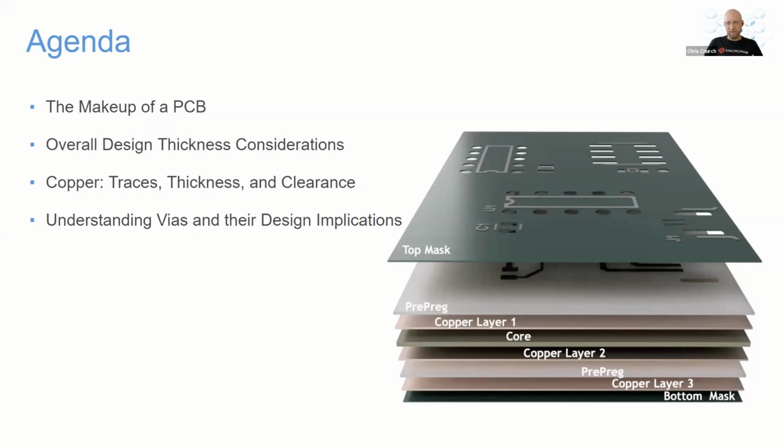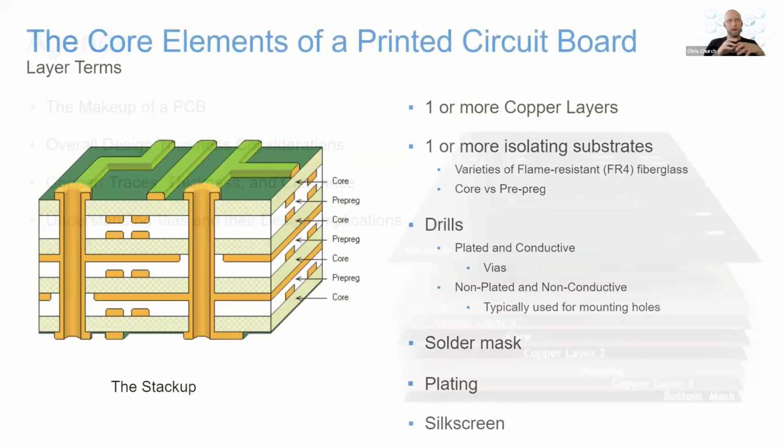And then finally, we're going to spend a good bit of time on vias, because these are really critical to our design, and there's a lot of information that, if you're new to designing a PCB, you may not be really familiar with. And then in our future webinars, we're going to talk about part selection, design for test, design for assembly, etc. But today we're really just going to focus on the PCB. So let's start by diving into what makes up a PCB.